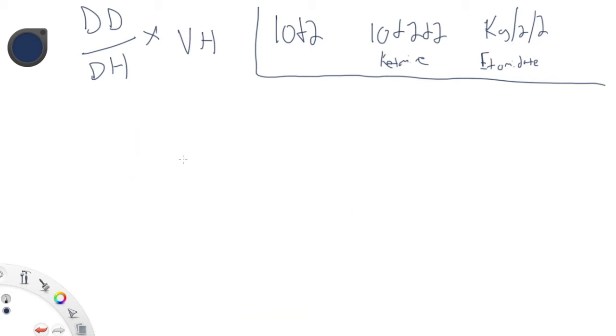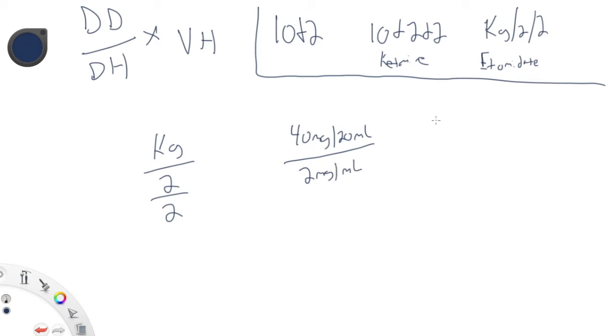So now we're going to talk about the etomidate rule, which is their weight in kilograms divided by 2, and then you divide that by 2. Now, we know that etomidate comes in 40 milligrams per 20 mLs. In other words, that makes it 2 milligrams per ml. We also know that our dose is 0.5 milligrams per kilogram. So we're going to start with an easy one.